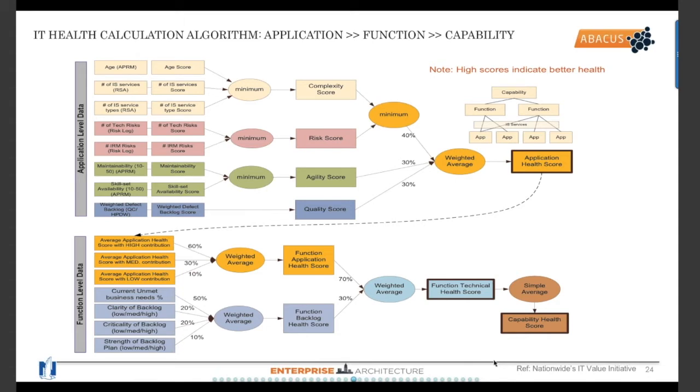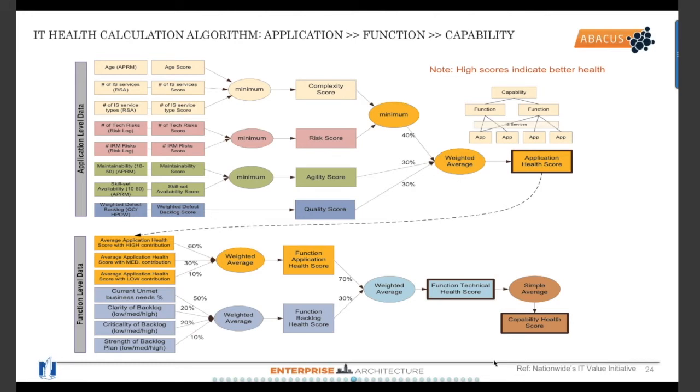Then we really use algorithms to calculate the overall health of an application. So there are about 12 fact metrics that went into calculating the overall health of an application. Now, the application supports different functions, so we distribute that application health to the functions.